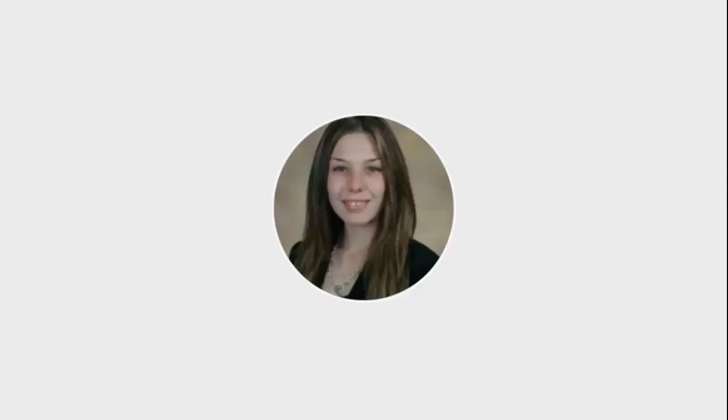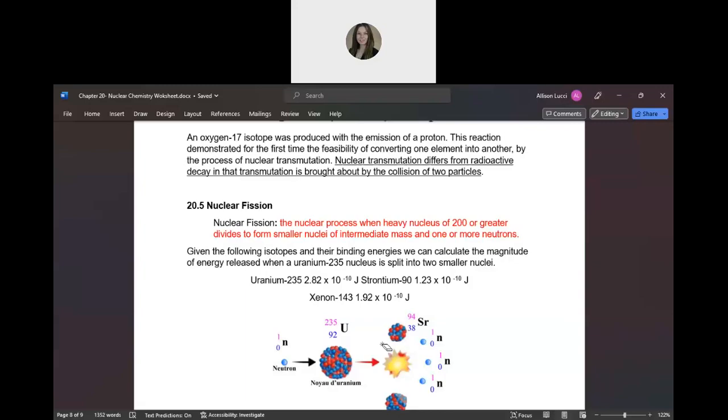For the second to last section that we will discuss from Chapter 20 will be Chapter 20.5 on nuclear fission. So let's take a look here at the worksheet on nuclear chemistry.